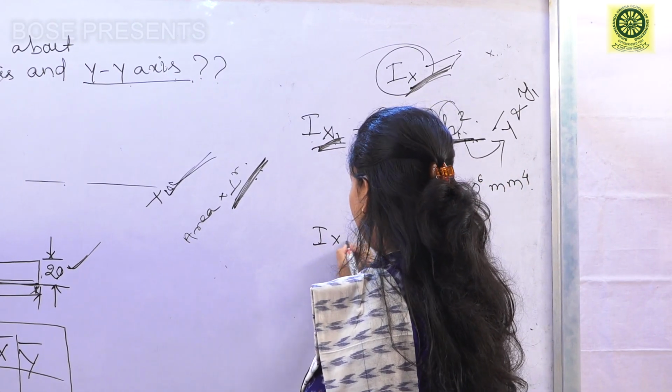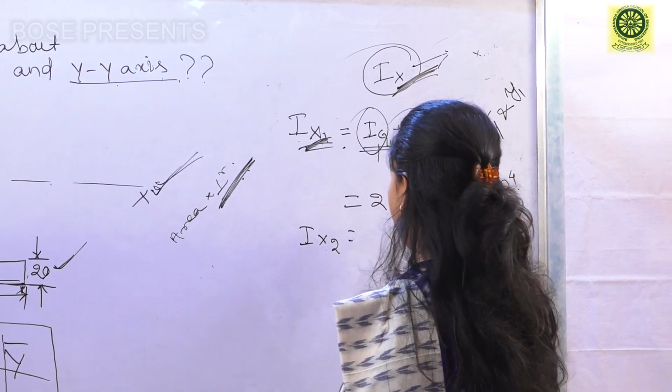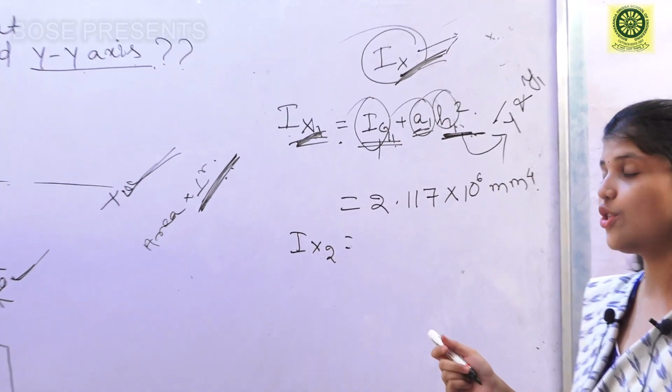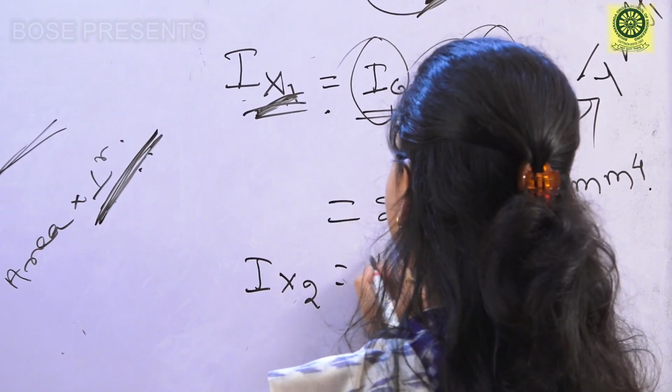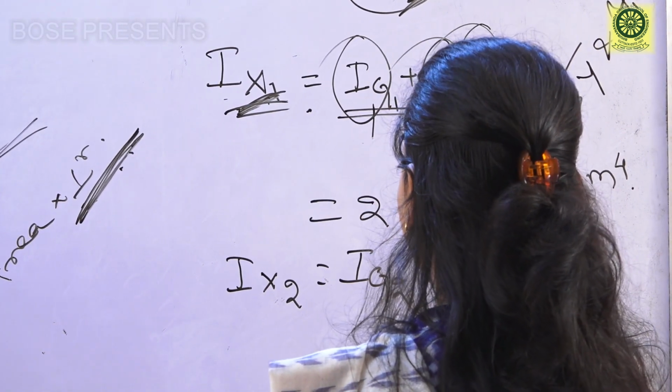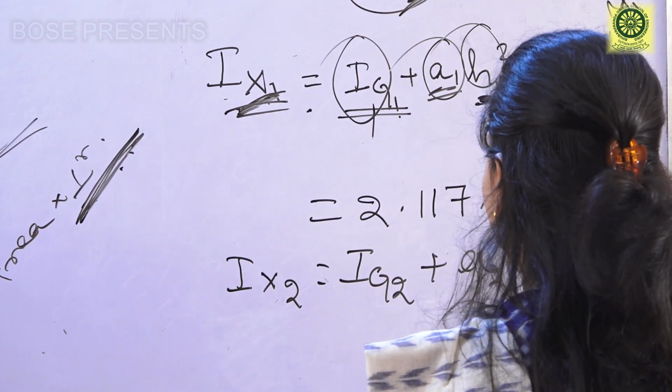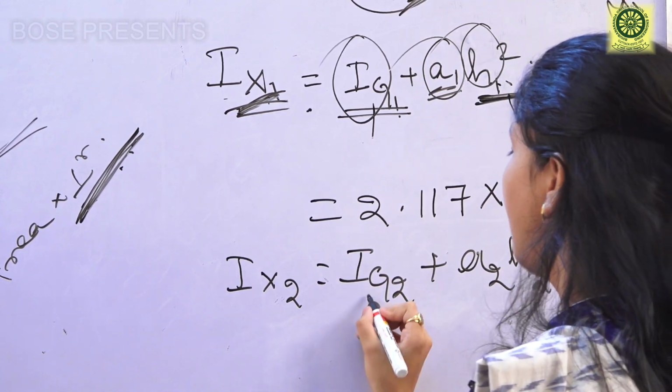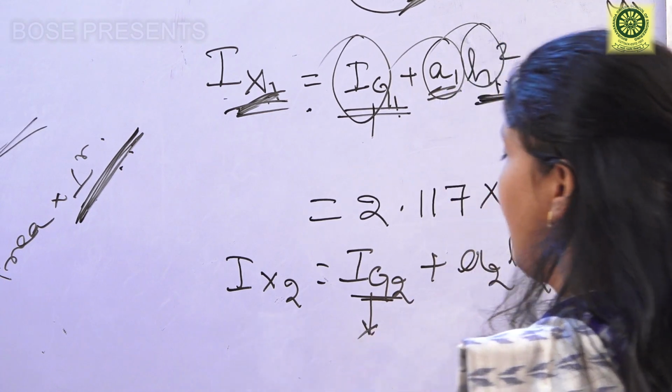Similarly for Ix2, again we will use the parallel axis theorem. So this will be equal to Ig2 plus A2 H2 square. Okay, so what is Ig2?